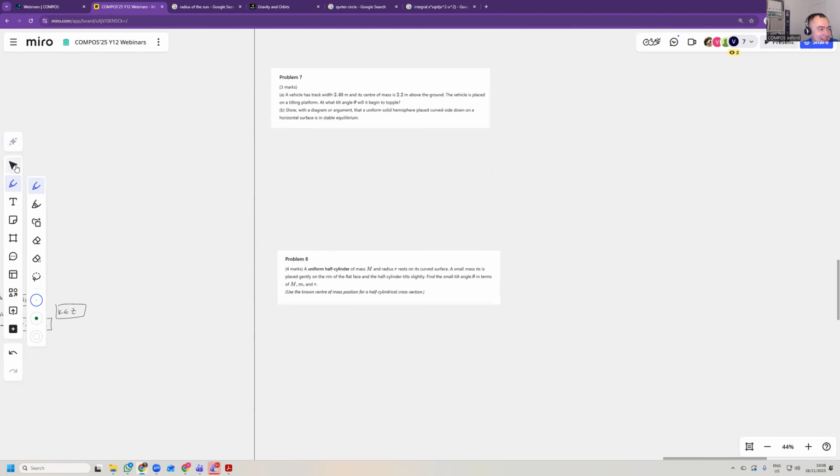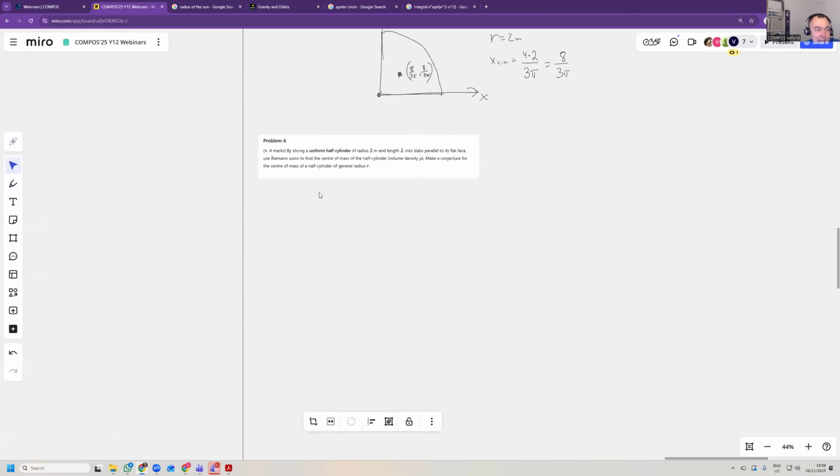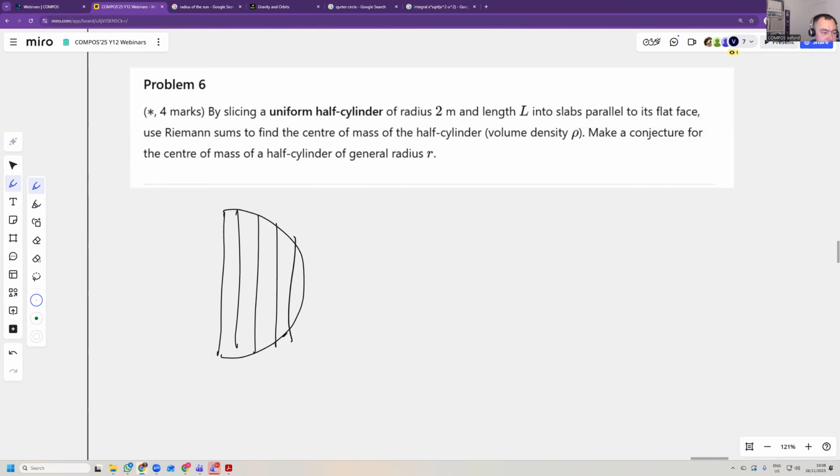And now the second piece, the same idea. By slicing a uniform half cylinder of radius 2 meters and length L. So we have a half cylinder and we're slicing it into vertical strips. So take strip number i, and you can see that this is x, and this is y.